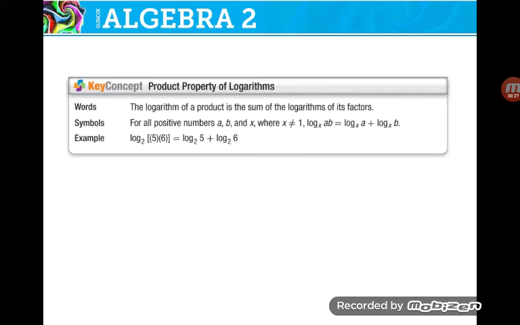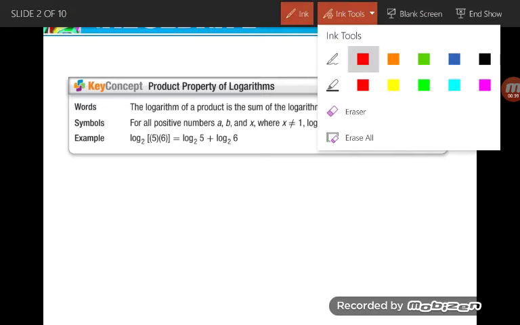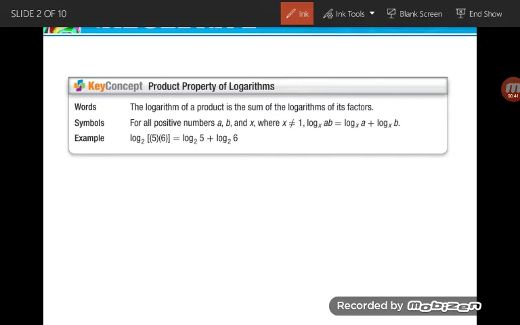The first property: if we have log of a times b for base x, you can convert the multiplication to addition. For example, if you have log of 5 times 6 for base 2, you can convert it to log 5 plus log 6, both for base 2.